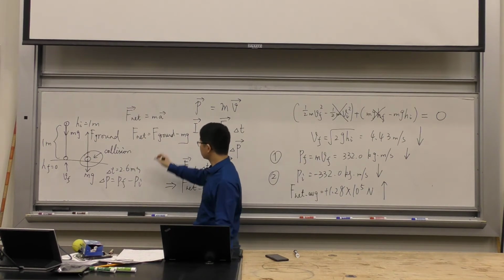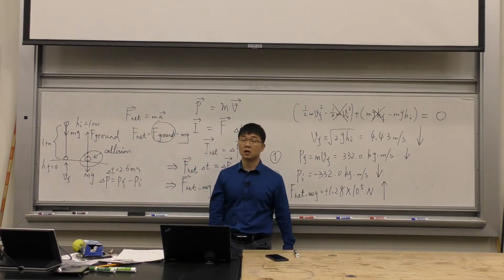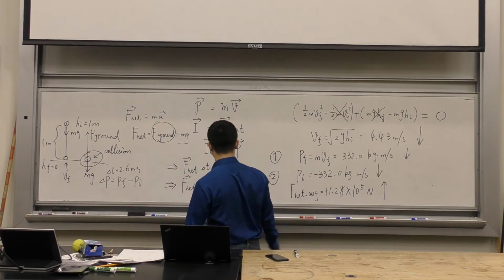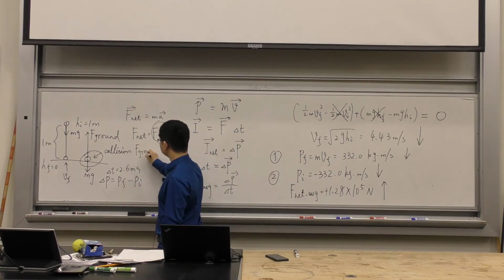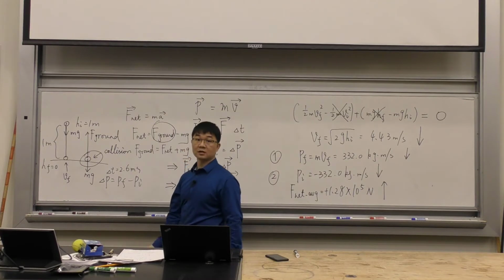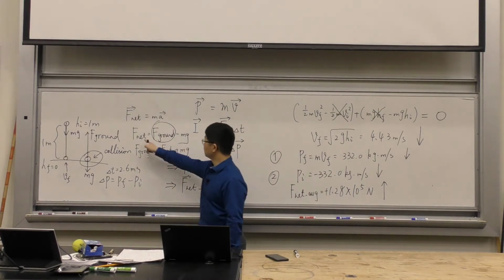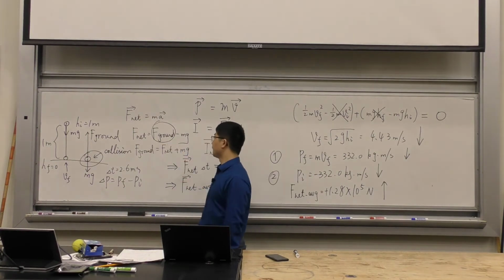But the problem says I want you to find the ground force. What do I do? I'm going to rearrange this equation. If you want me to find the ground force, it's going to be the net force plus mg. That's the math. If you tell me these two numbers, I rearrange this equation, I will find a third number.